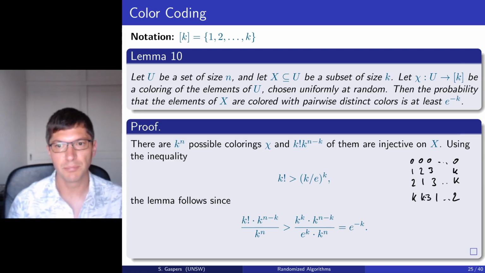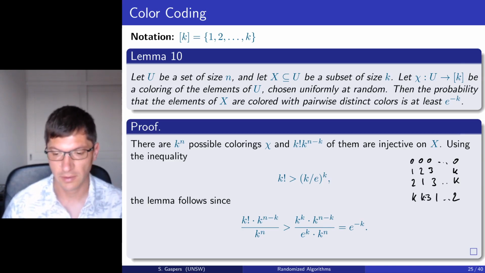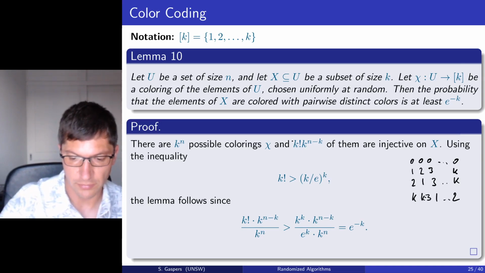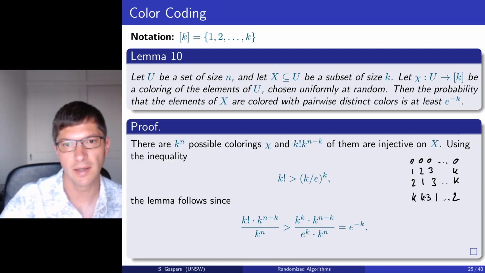But any permutation of the colors 1 to k works for the elements of X. For the elements outside of X, we don't have any constraint, any coloring works. So for the elements inside X, we have k factorial possibilities, and for those outside of X, we have all the possible colorings, which is k to the power n minus k possibilities.